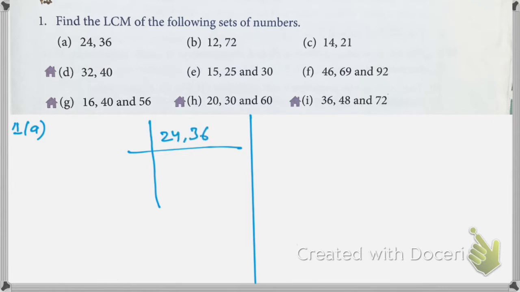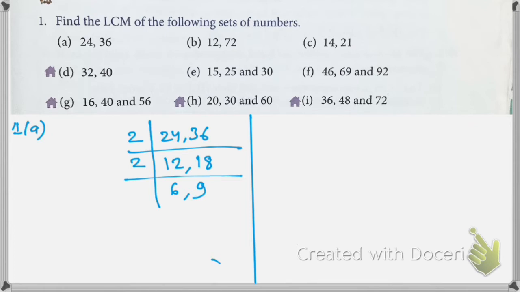The first prime number is 2, so do its prime factorization. So 12 and then 36. 12 divided by 2 becomes 6, and 36 becomes 18. Then again we can divide by 2: 6 becomes 3 and 18 becomes 9.